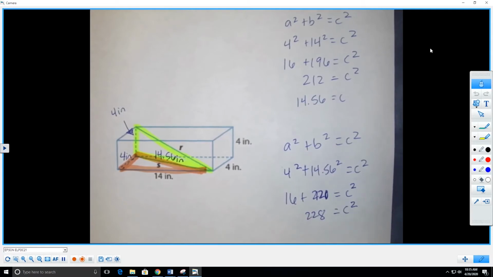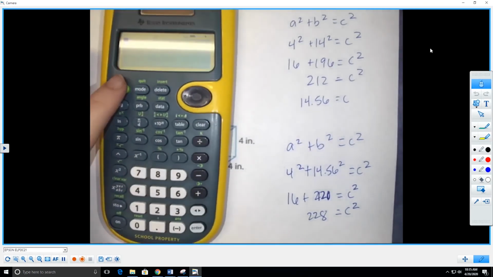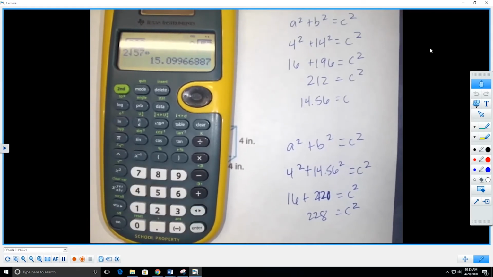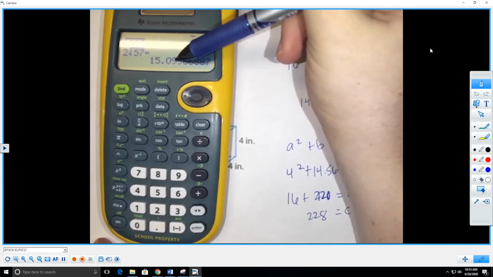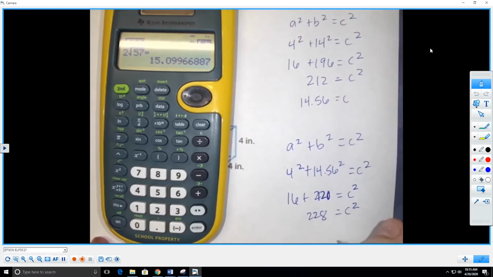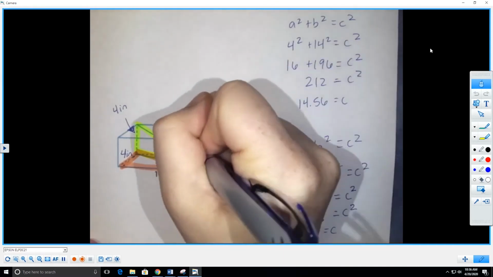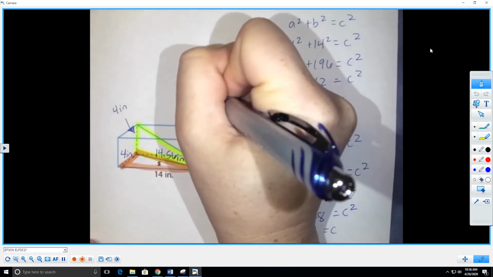From here, you're going to use your calculator or calculator app to take the square root. So I'm going to do the square root of 228, and we are going to round that to the nearest tenth. So C equals 15.1, or R in this case equals 15.1 inches.